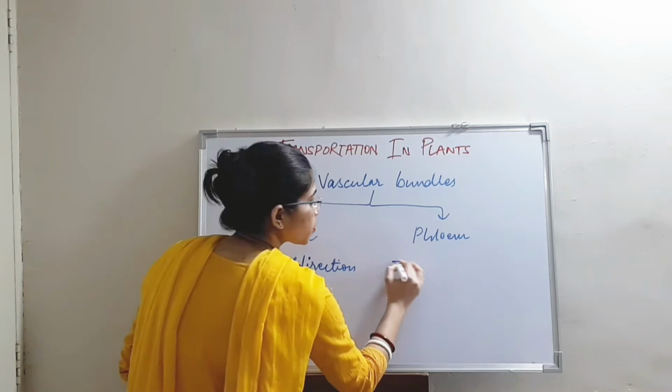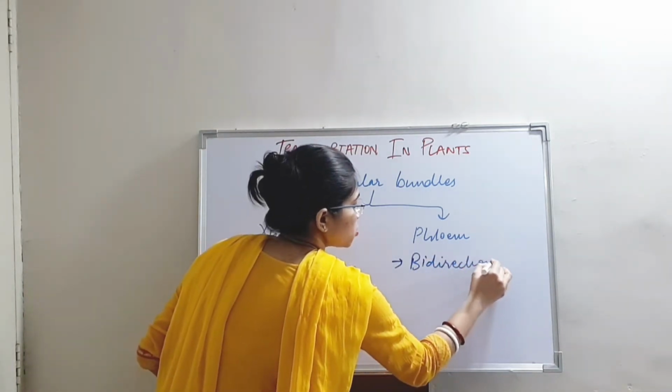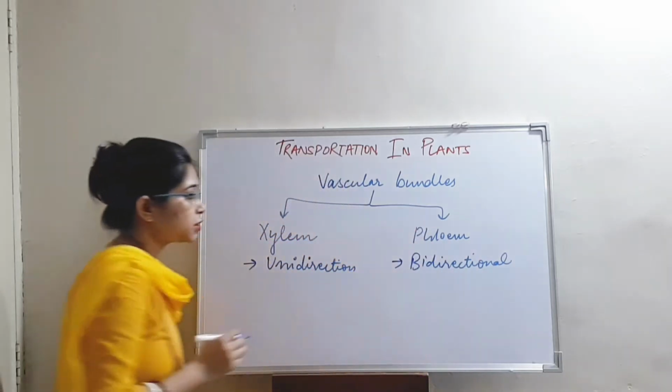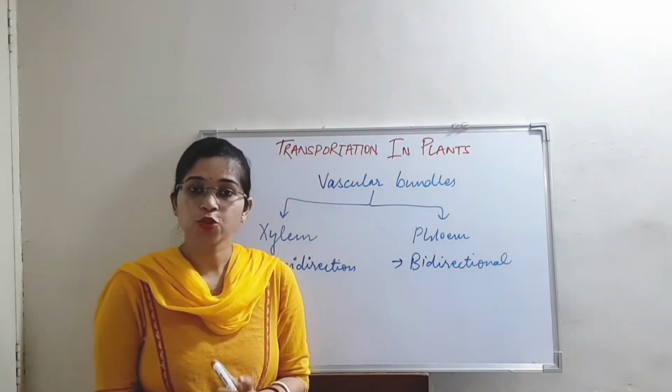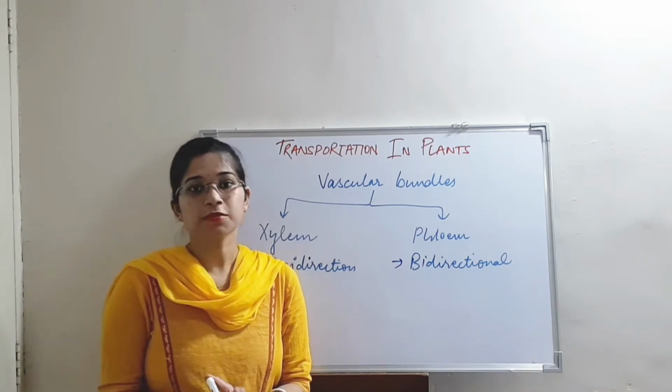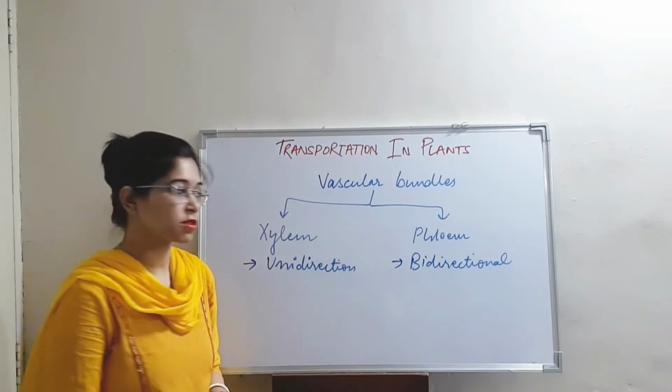But in phloem, a bidirectional process takes place, because the food particles are synthesized in the leaves and they have to reach each and every cell of the plant, whether it be the cells of the roots or the cells of the stems.